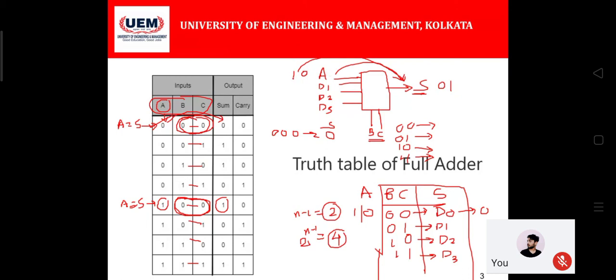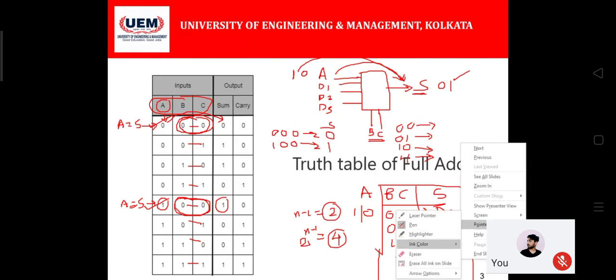And for providing 1 as a value of A, if you provide 1 there, that 1 directly goes to the output and produces a value of 1. So when input A is 1 and B and C is 0, 0, then the output comes as 1. That A directly goes to the output following the satisfaction of this truth table. So out of 8 possible combinations of the truth table, 2 are already correct. Then what about the second one?